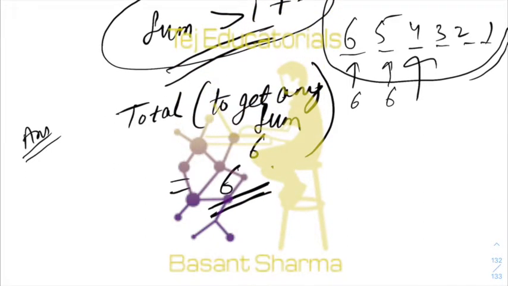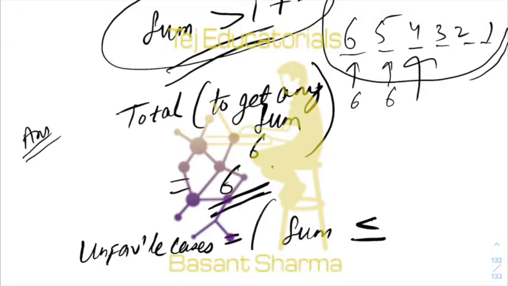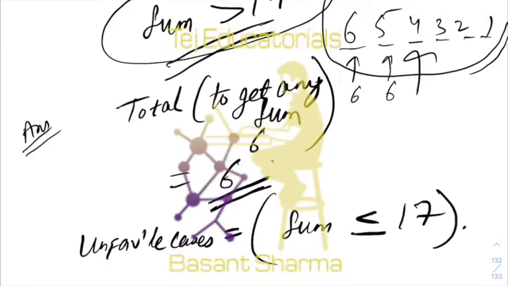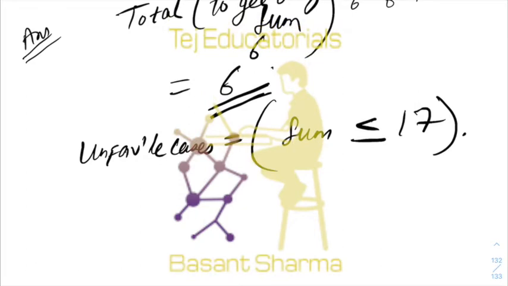Now, the unfavorable cases will be when the sum is less than or equal to 17. This is very easy to calculate.